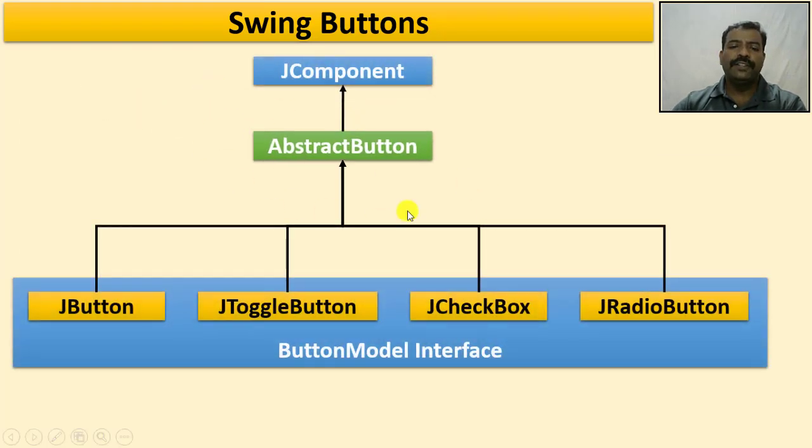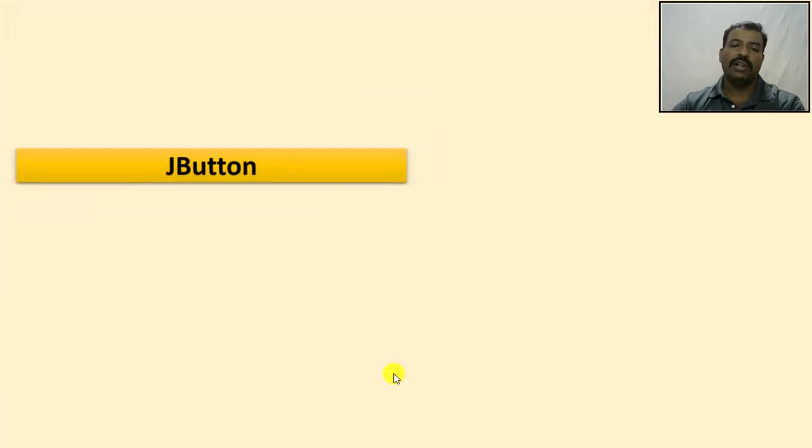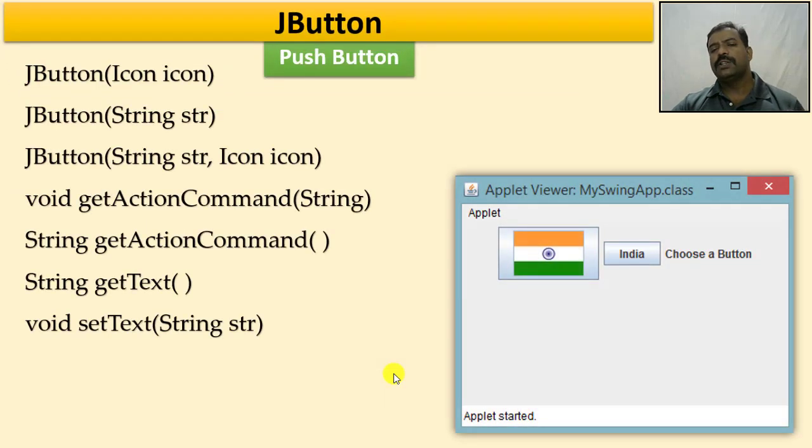So now all these buttons are going to use the interface ButtonModel. And now we'll see one by one how exactly these four buttons should be used. Now when I say JButton, JButton is going to have this set of constructors, and the first constructor is JButton with an icon.